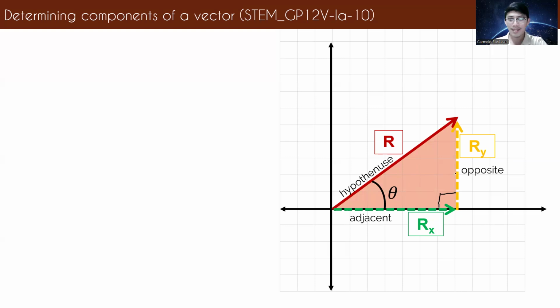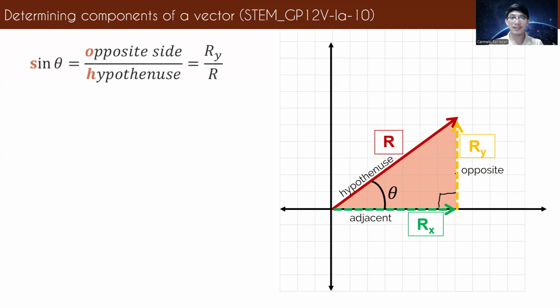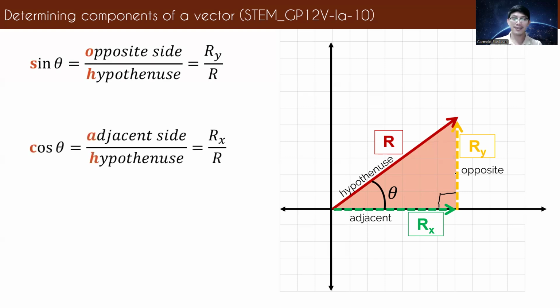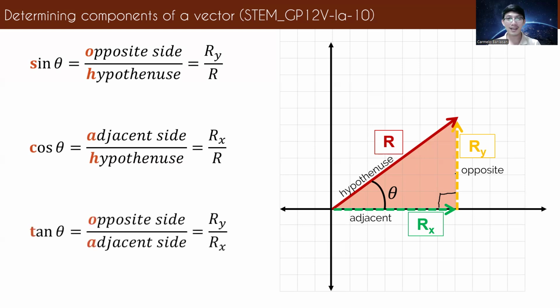Good. Now, we can describe the trigonometric functions based on these parts of the right triangle. So you already know that there is sine of an angle, cosine of an angle, tangent of an angle. In fact, there are six trigonometric functions. We also have secant, cosecant, cotangent.